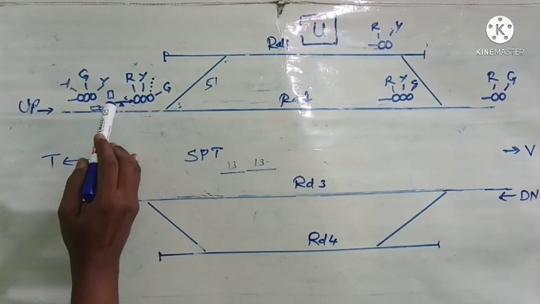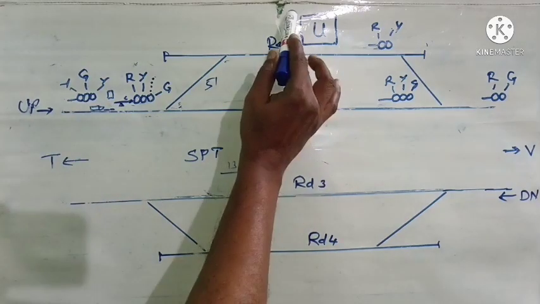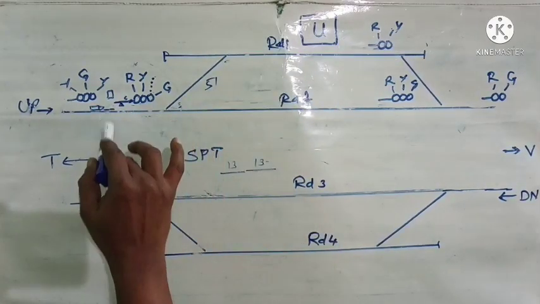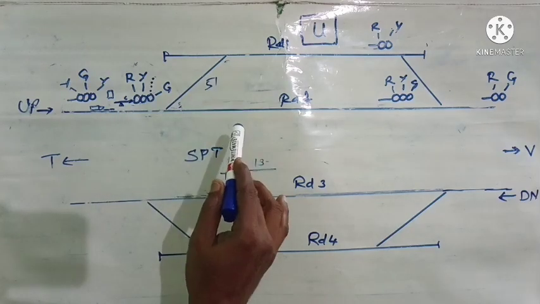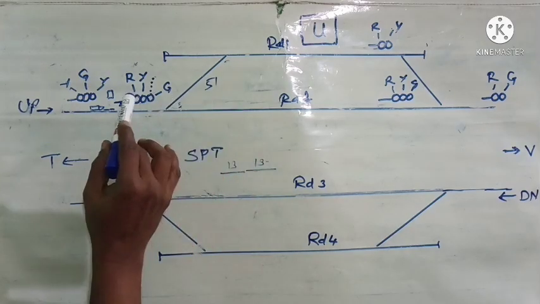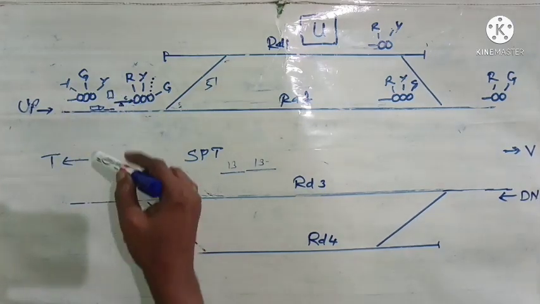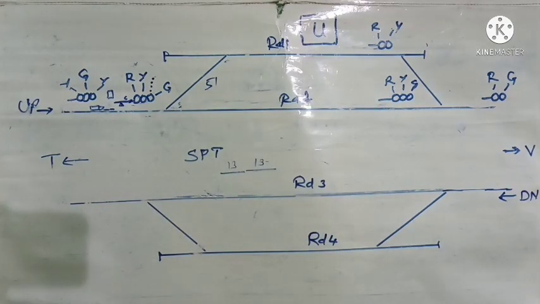Now the train has come and stopped at the calling on track. The station master will understand from the panel that the train has stopped at the calling on track. Now the calling on will be cleared. Calling on cleared means this white light will burn. In that case, the loco pilot can come to road 1, which is the loop line, with 15 km.